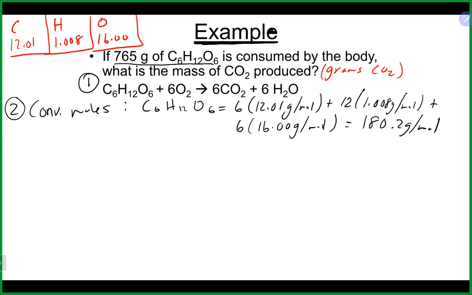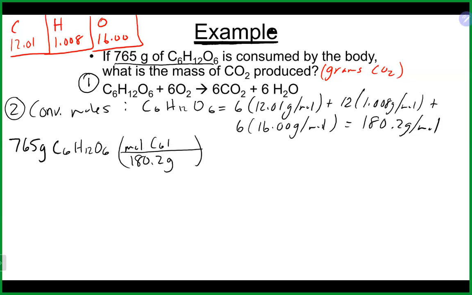Once again, we're going to use that as a conversion factor here. So we'll do our step number 2, which is 765 grams of C6H12O6. Once again, we want to get rid of grams, so we're going to put the grams on the bottom, which is 180.2 grams per mole of C6H12O6. The grams at this point will cancel.